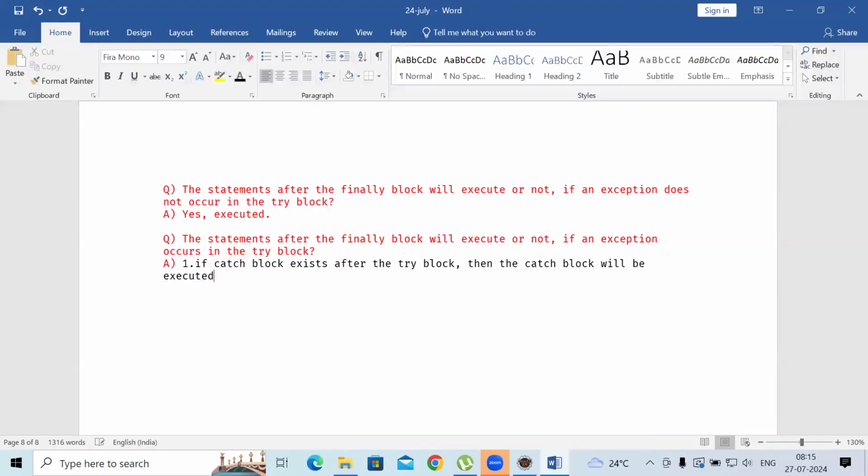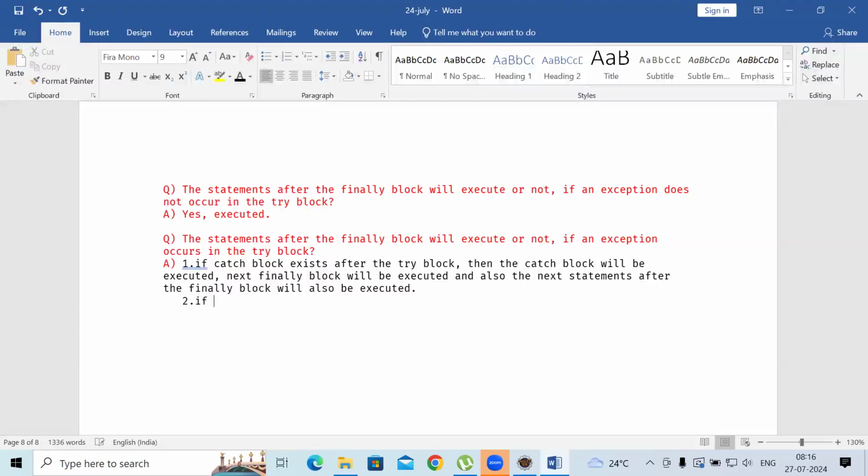Next, the finally block will be executed. Then the next statements after the finally block will also be executed. Second point is what?